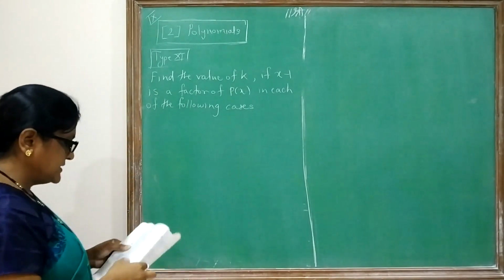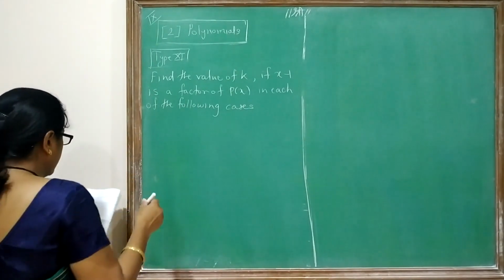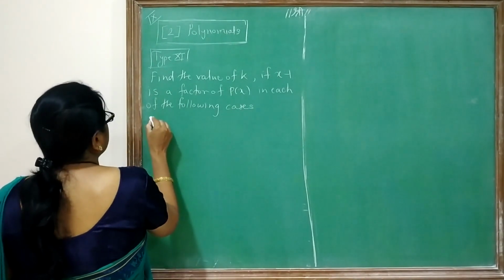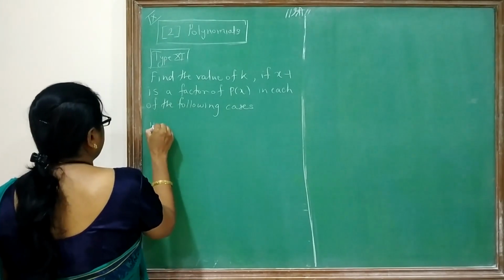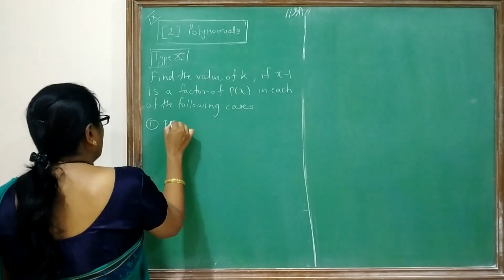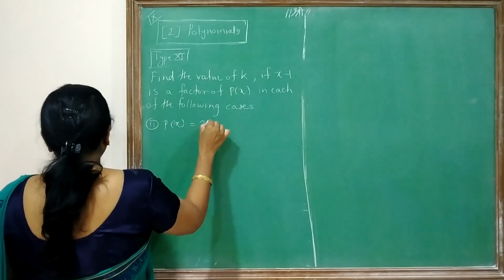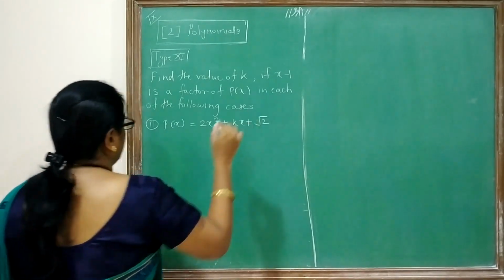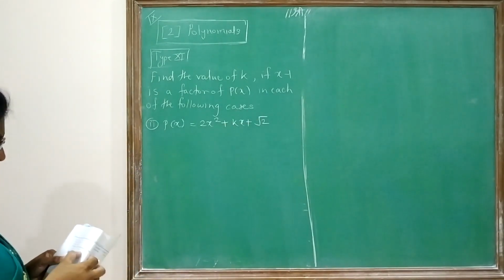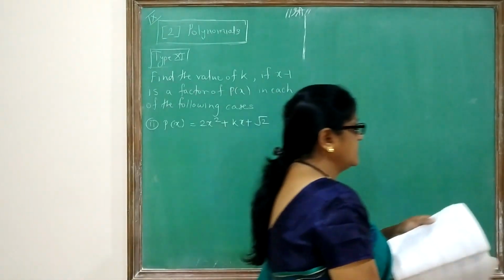Here 4 examples are given and all are same. Now we will see the second example, that is p of x equal to 2x square plus kx plus root 2.